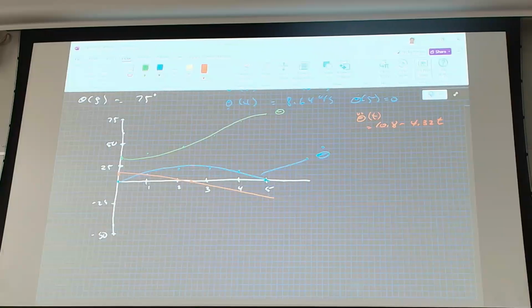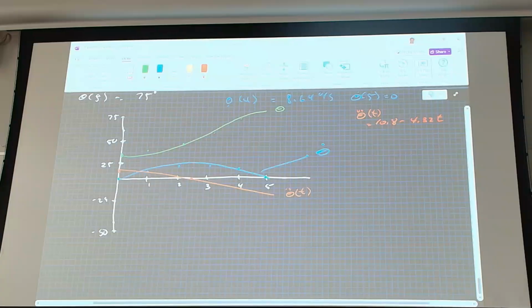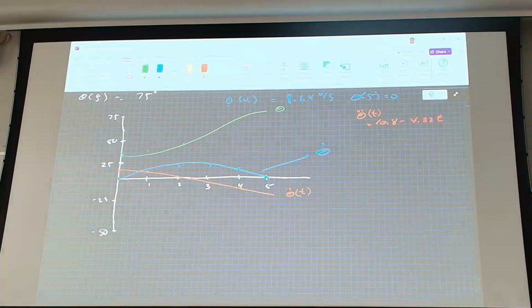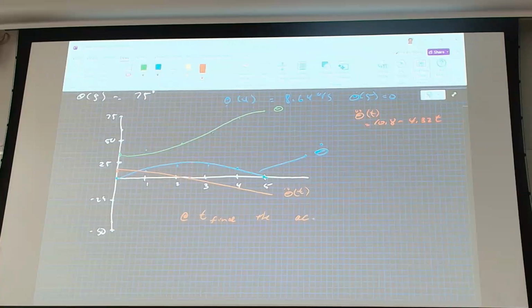So this becomes our theta double dot. So the final point, the acceleration is going to be minus 10.8 degrees per second per second.